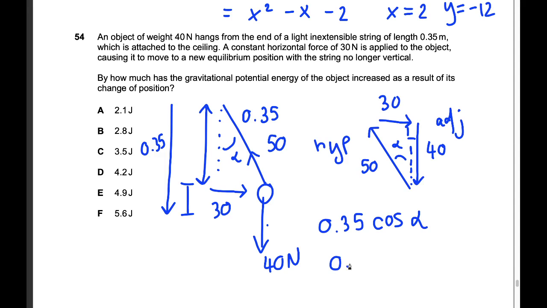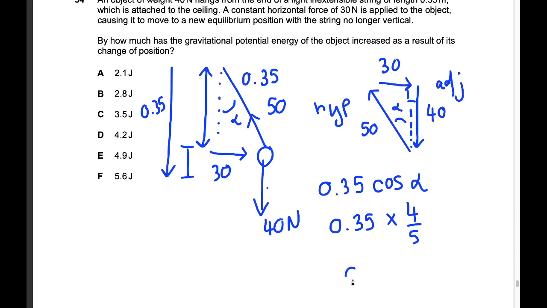So 0.35 times 40 over 50, which is 4 over 5. If we divide by 5, that would be 0.07, and then times by 4, that's going to be 0.28. So it's actually gone up a height of 7 centimeters.